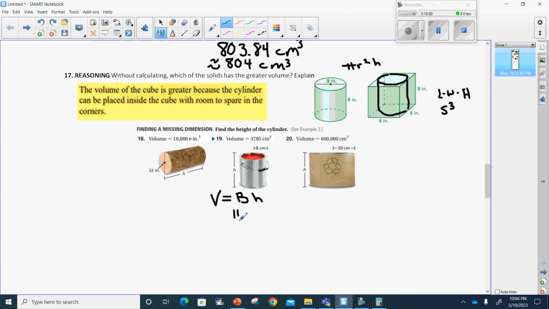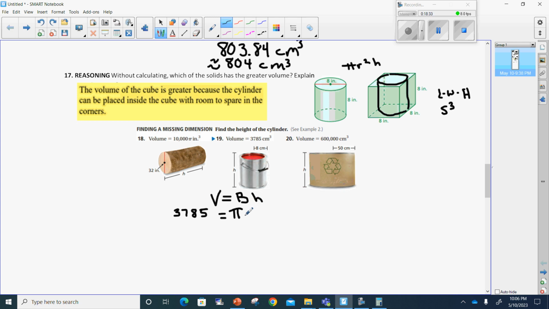So pi r squared multiplied by h is going to equal 3,785. And it looks to me like this is going to be the radius, 8 here. So now I can rewrite this to show that this is going to be 8.